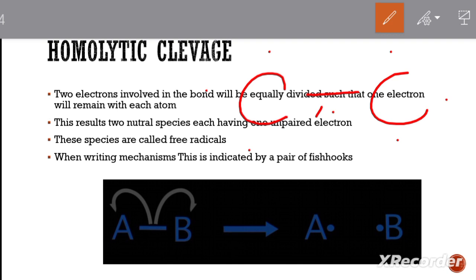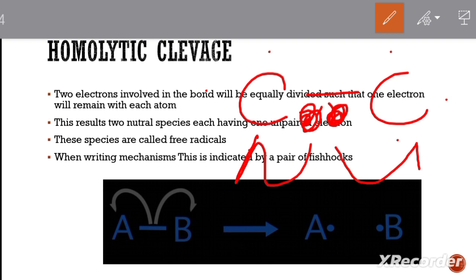When the 2 electrons involved in this bond are equally divided between these 2 atoms, each atom gets an unpaired electron, right? And these 2 atoms become neutral, 4 electrons for each.